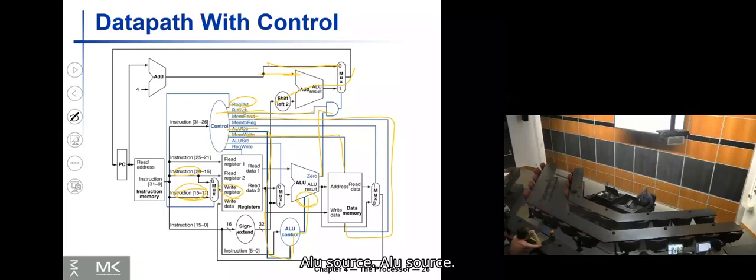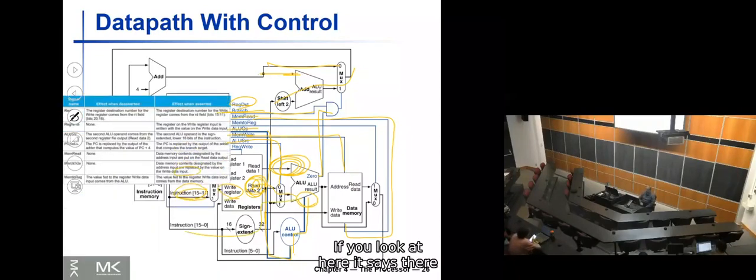ALU source: for the first operand, we always have the register. But for the second one, for R format instructions, we have register 2. For I format instructions, we have the immediate for ALU source. That's it, I guess.